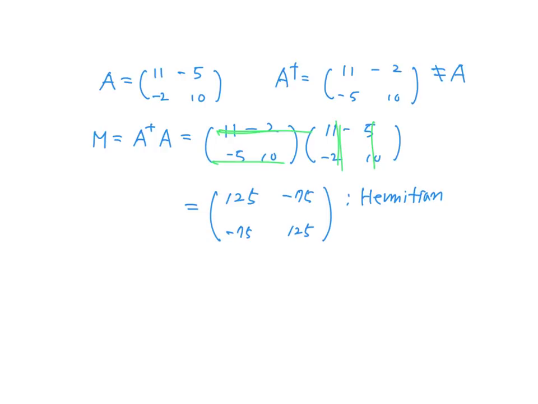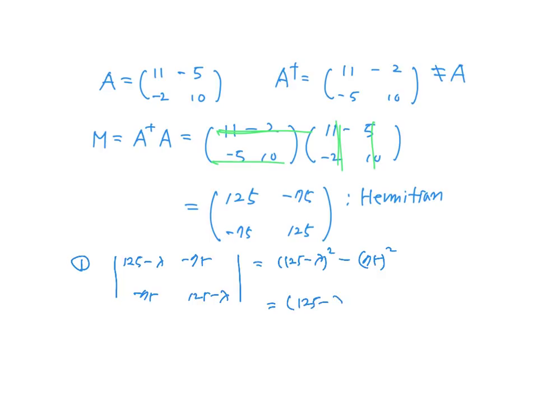So let's calculate the eigenvalues for step 1. Oh, looks quite a difficult problem. So (125 minus lambda) squared minus 75 squared. Oh, I think I can do that. 125 minus lambda minus 75, 125 minus lambda plus 75, right?